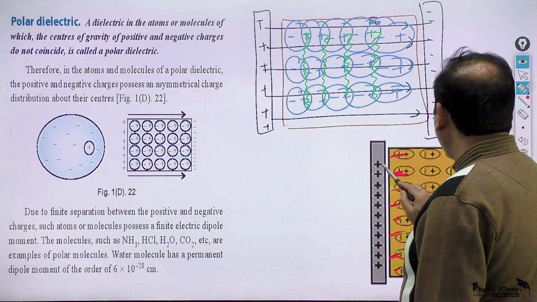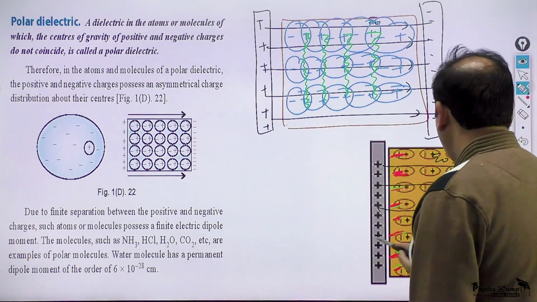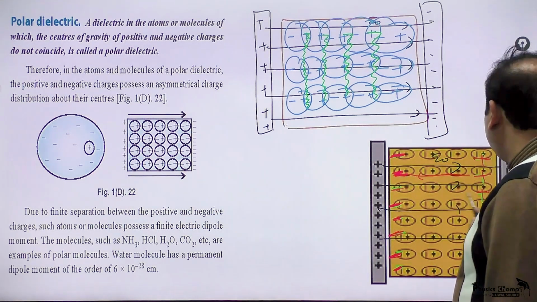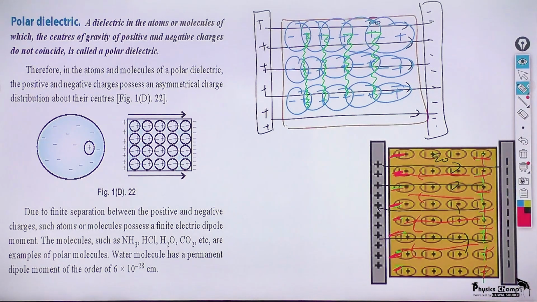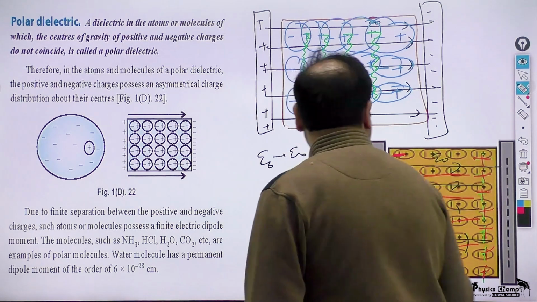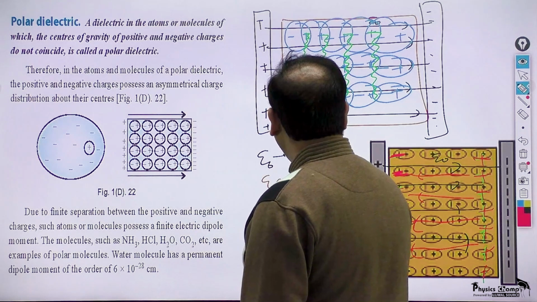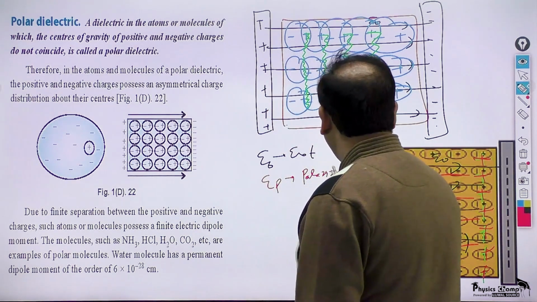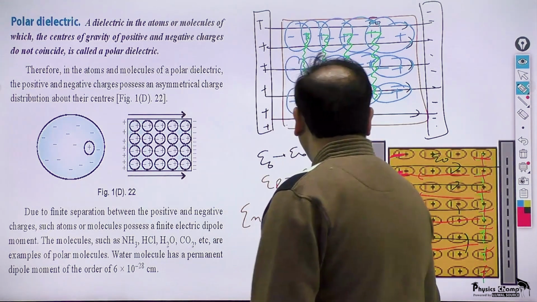One is this external electric field E naught, and one is electric field due to this polarization. The E naught is the external electric field, and EP is the electric field due to polarization. So the net electric field would be E naught minus EP.